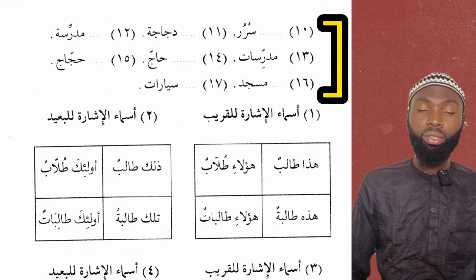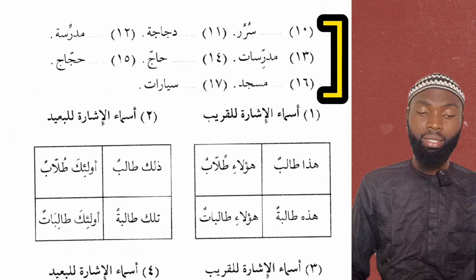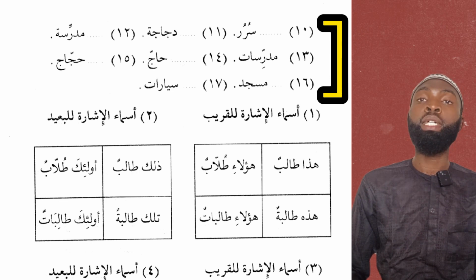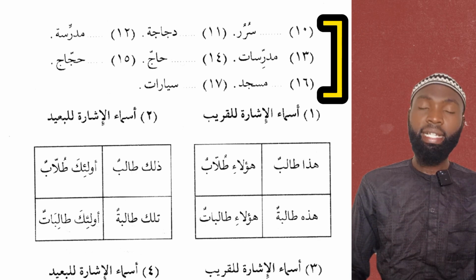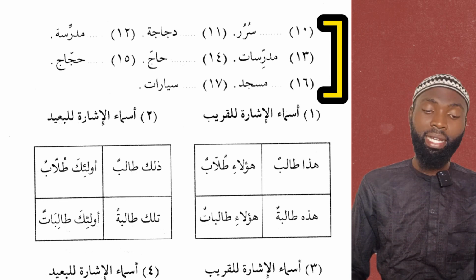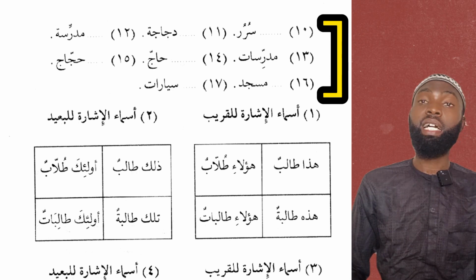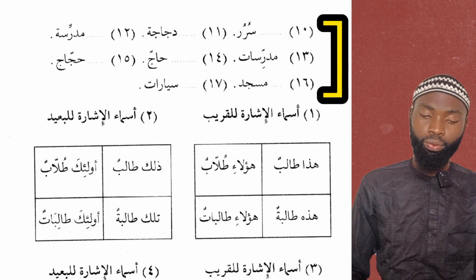Number 11, dajajatun, tilka dajajatun. Number 12, mudarrisatun, tilka mudarrisatun. 13, mudarrisatun, ulaika mudarrisatun. 14, hajun, dhalika hajun. Hujjajun, ulaika hujjajun. 16, masjidun, dhalika masjidun. And 17, sayyaratun, tilka sayyaratun.